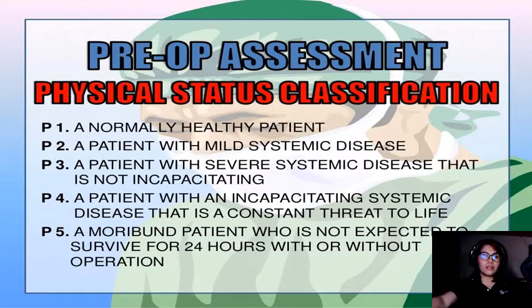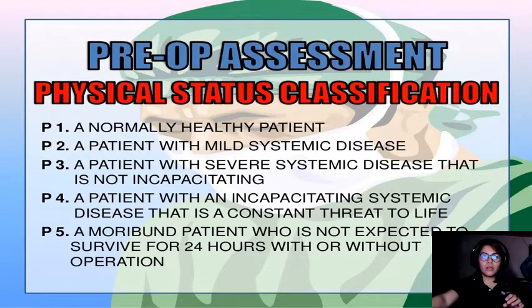And then, we have the pre-op assessment. So the physical status classification. You need to identify your patient first if he or she is a normally healthy patient. Okay. And then, or the patient has mild systemic disease. Third, if the patient has severe systemic disease that is not incapacitating. So, it does not hinder, no? The patient can still function.